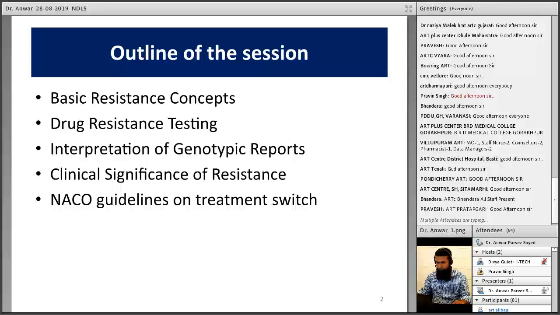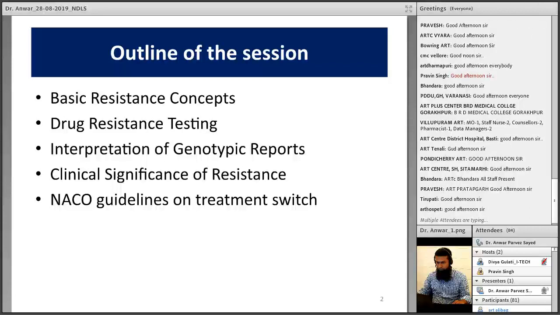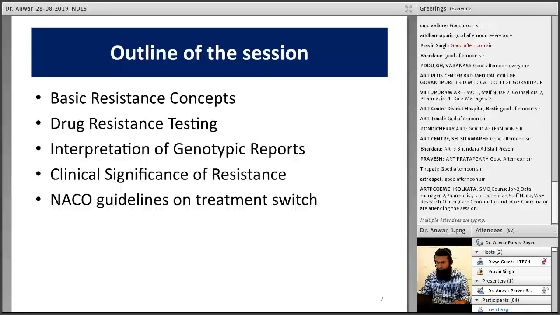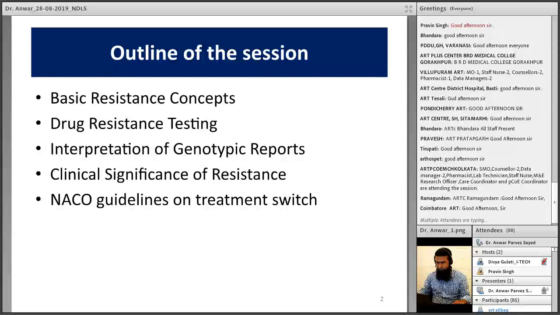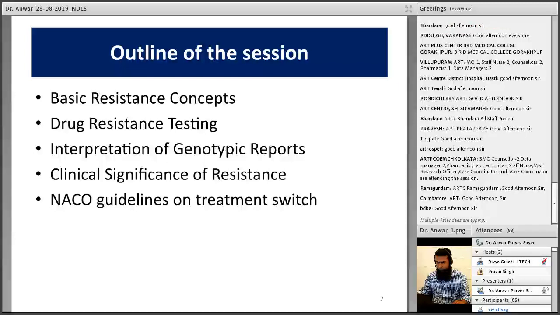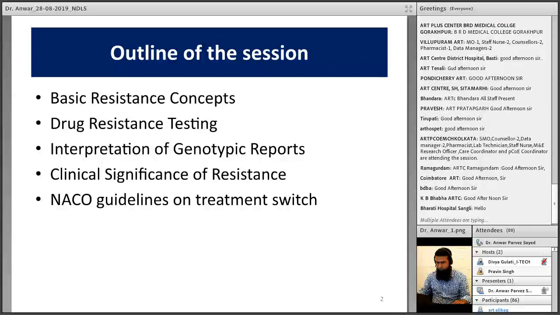We are not doing that in the NACO program, but we need to understand the basic concepts of resistance, because it will definitely affect the line of treatment of HIV positives. That means after first line, when we start patients on second line and third line, we need to have a general idea about what happens to first line ART and why we change it to second line and from second line to third line.